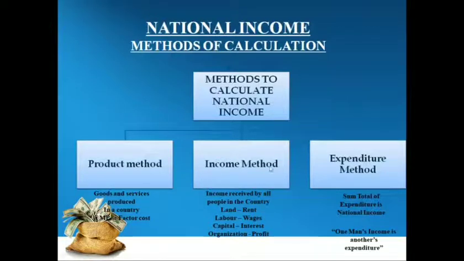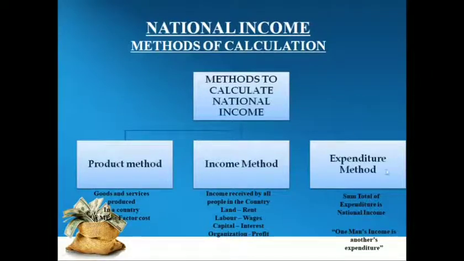The income method is where we sum up the total income received by all the people in the country. Income is received in four forms: rent, wages, interest and profit. The sum total of all these income sources is national income under the income method.